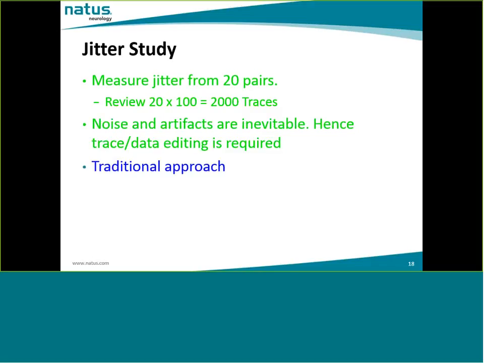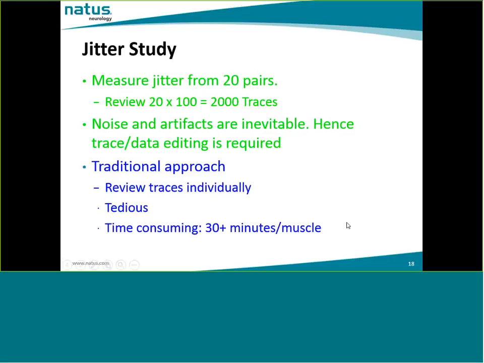And the old-fashioned approach, which is a good approach, which was very successful, is to look at the traces individually. And if we have to go through 2,000 traces, that's going to be very tedious and very time-consuming. And this has been one of the frustrating parts of performing jitter analysis in a busy clinical EMG laboratory.